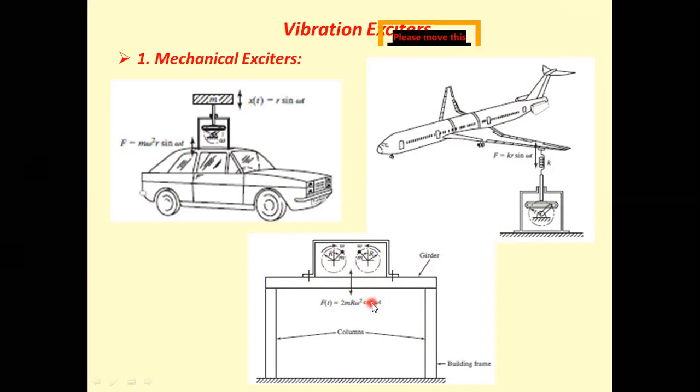So the harmonic force can also be created by means of two masses rotating at the same speed but in opposite direction, as shown in this figure.